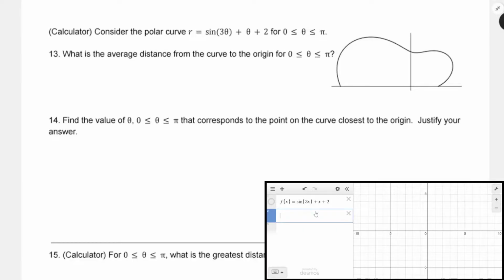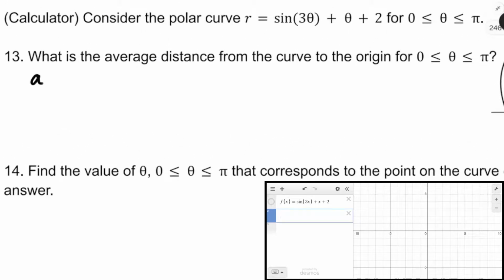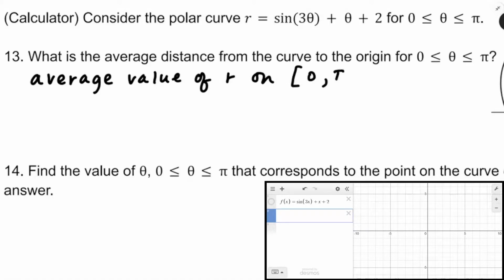Then the average distance from the curve to the origin, that's going to be the average value of r on the interval 0 to pi. Okay, so we're going to integrate r from 0 to pi and divide by pi minus 0. So r of theta d theta.